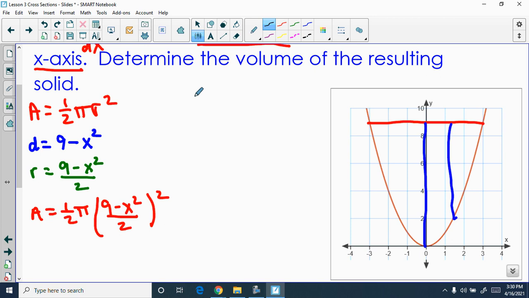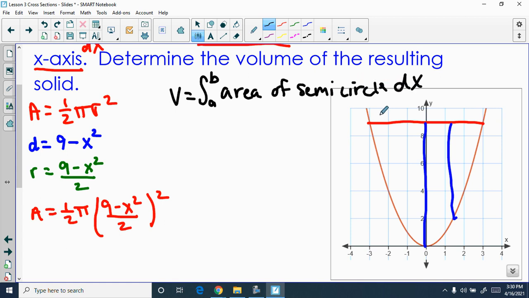Now I'm going to fill out my volume. So volume is equal to the integral from a to b of the area of a semicircle dx. So we find these upper and lower limits.